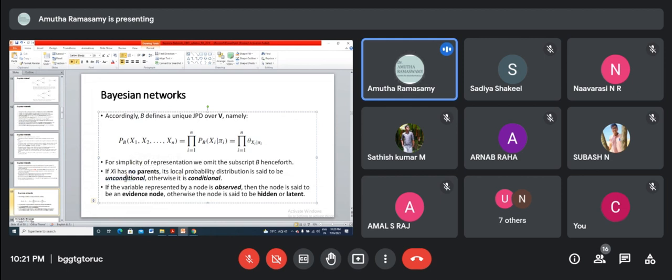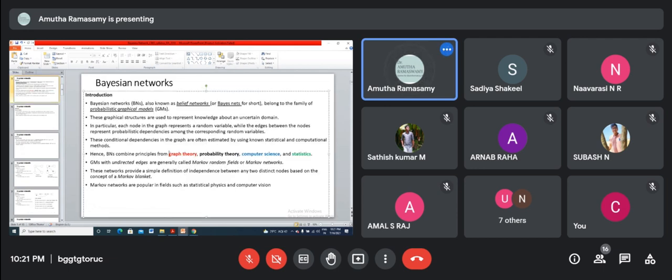No parents, no condition. If a parent is there, you have a condition. You understand? It's a very simple logic which connects your graph theory and your probability. So we should know computer science to do the program. Probability theory mainly comes from statistics.